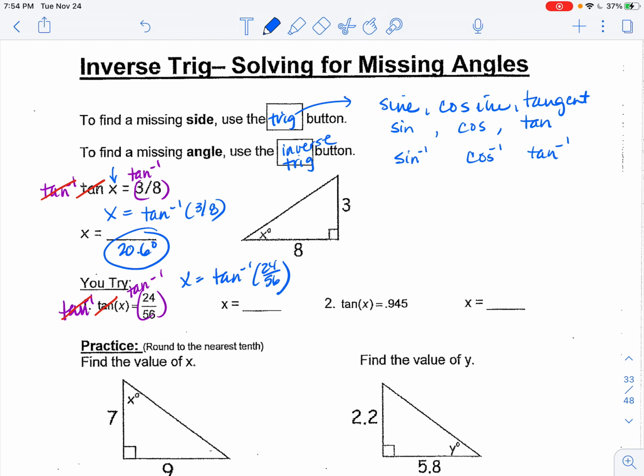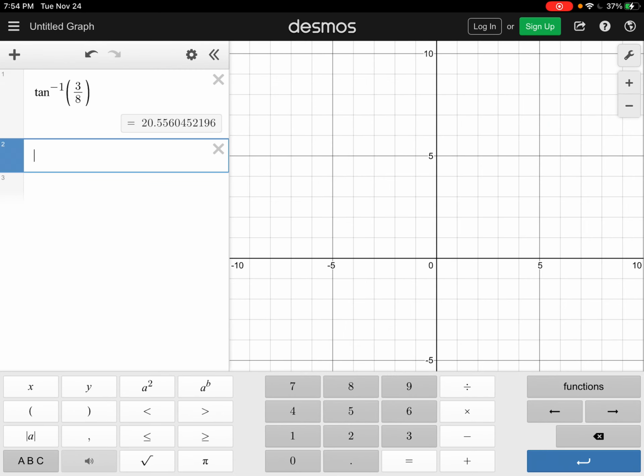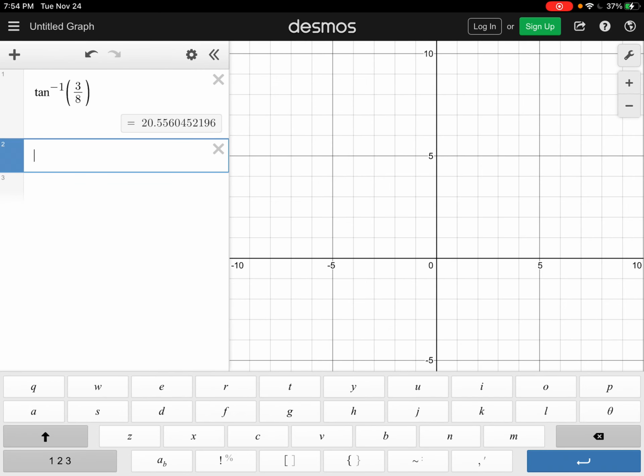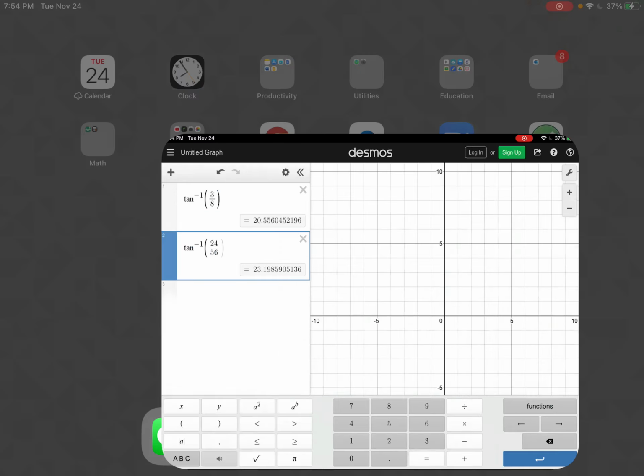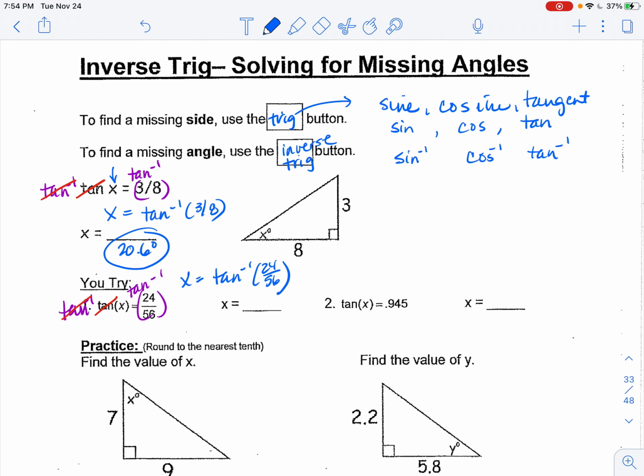This will give us the angle. So take it to Desmos. All right, this will give us 23.2 degrees. And that's the angle that's missing.